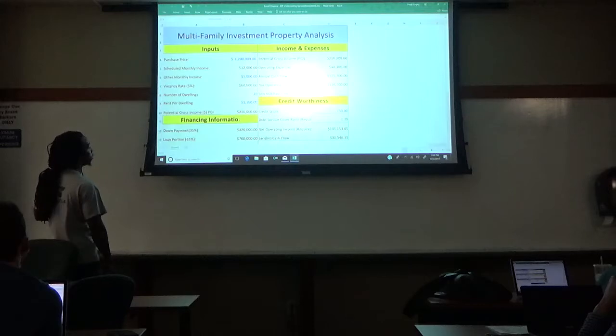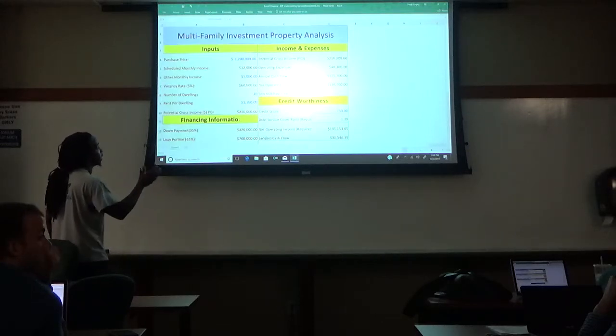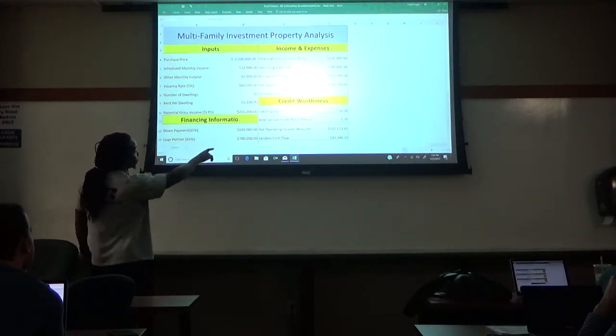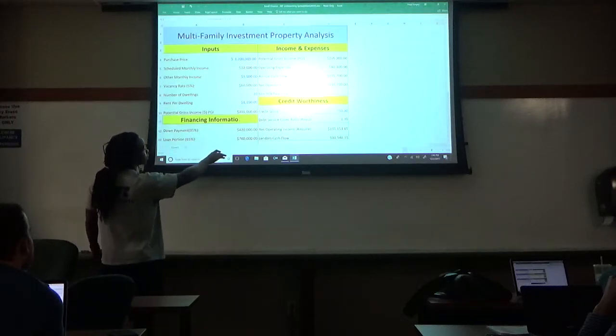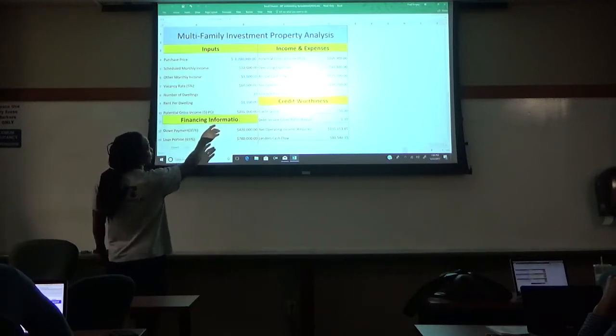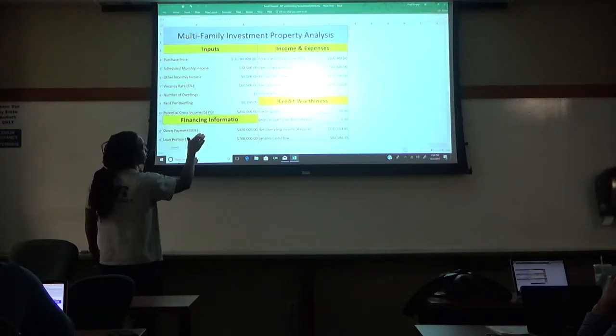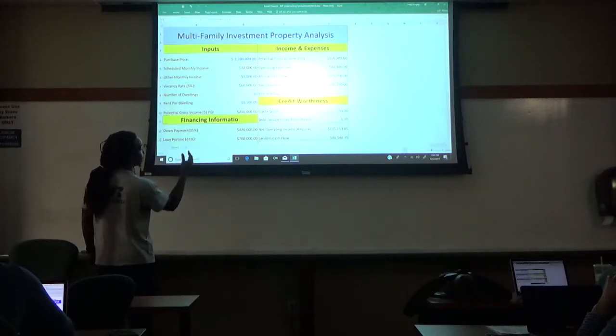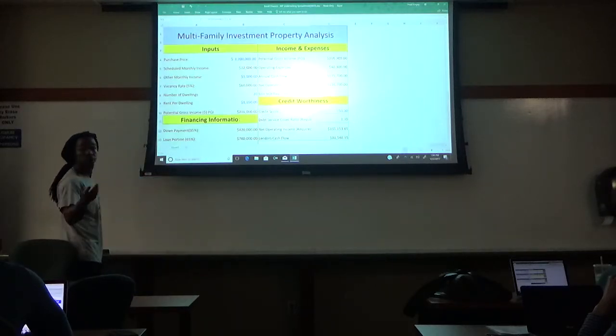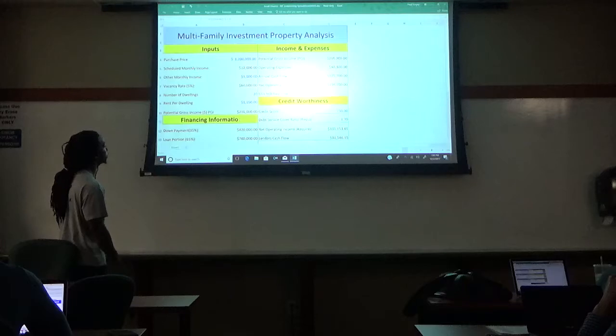Our answer comes from the net operating income required by the creditworthiness: if the net operating income at the top, from income and expenses, is not equal to or greater than the net operating income required, then the deal didn't go through.